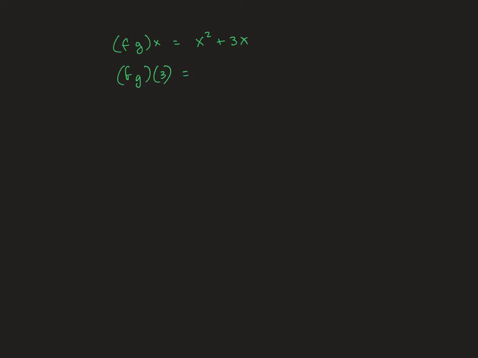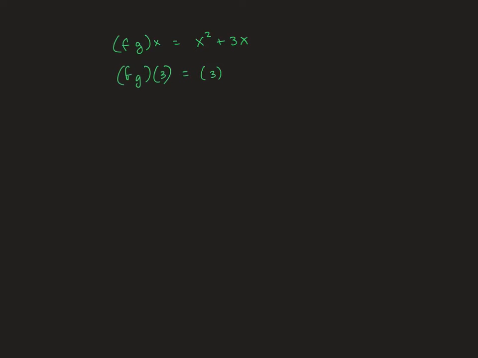What they're doing here is, if you notice, I have f times g of x is equal to x squared plus 3x. Well, f times g of not x but 3. So what they're telling me here, this is function notation, is that they want me to replace everywhere I have an x with 3. And that is where we're going to go with this. So do my substitution.